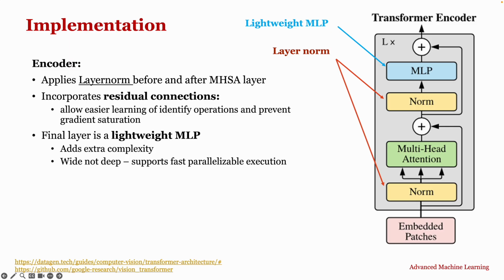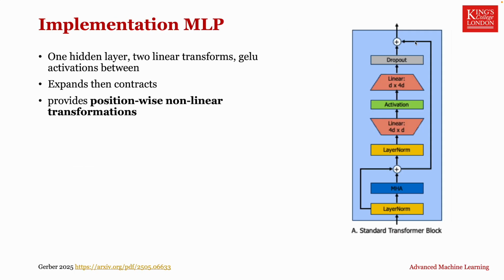The network includes residual connections around the self-attention layers and the MLP, which, as we already know, makes it easier for the network to learn identity transforms to prevent gradient saturation. The primary purpose of the MLP is to provide position-wise nonlinear transformations to the output of the attention layers. While attention captures how tokens relate to each other, the MLP is where the model thinks about each token independently to refine its abstract representation.